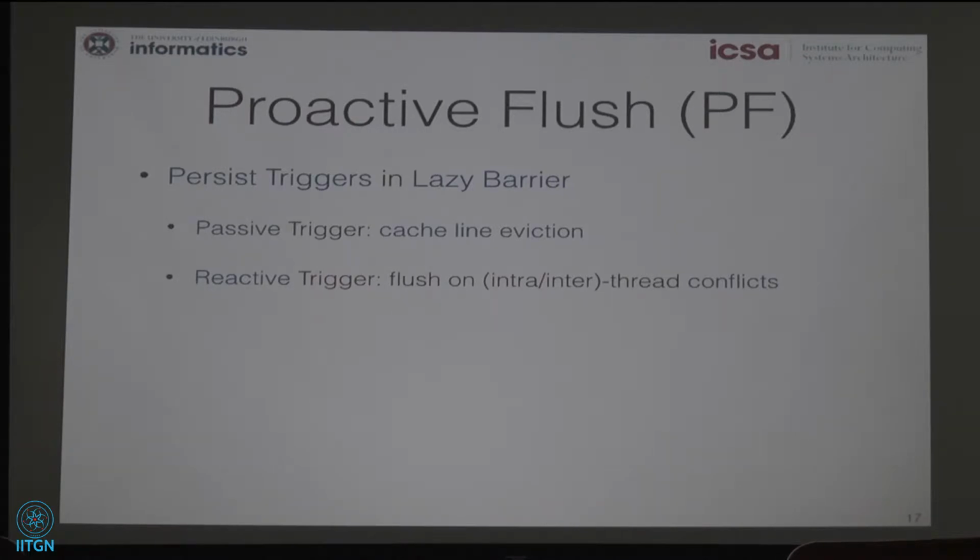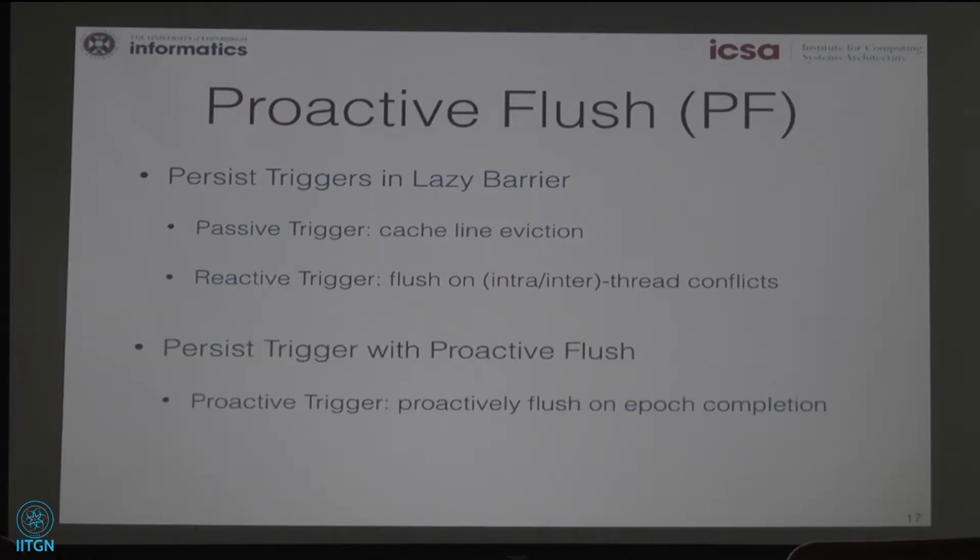And because of these kinds of triggers, persist operations end up in the critical path and degrade your program execution time. To overcome this, we propose a proactive flush, which uses a proactive trigger. Essentially, what we are saying is that proactively start flushing epochs whenever they complete, so that you reduce the probability of encountering conflicts in the future.